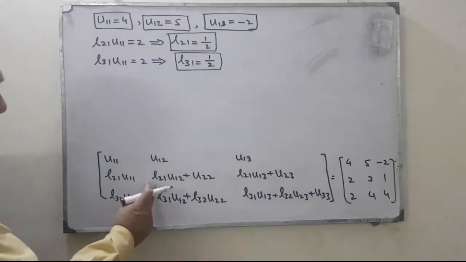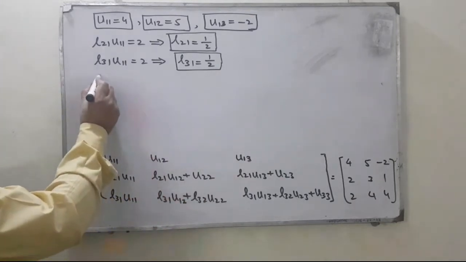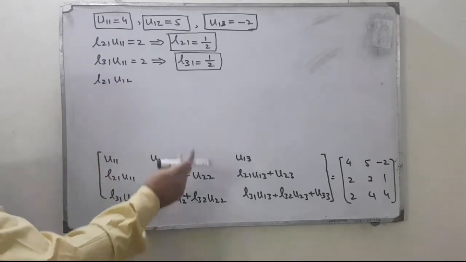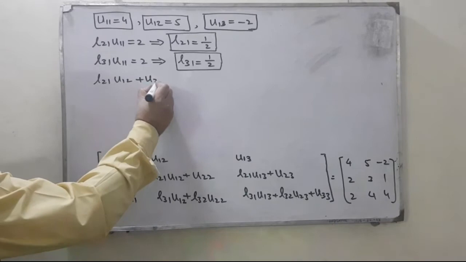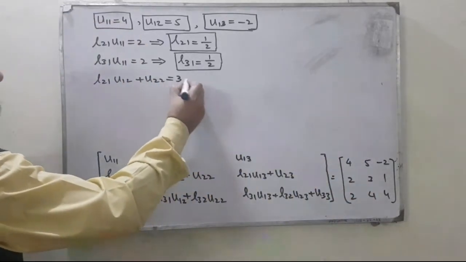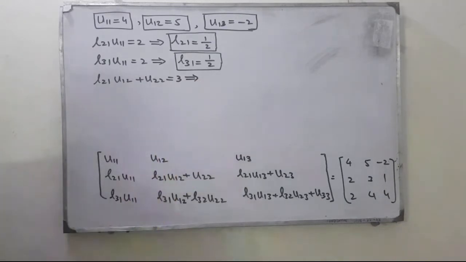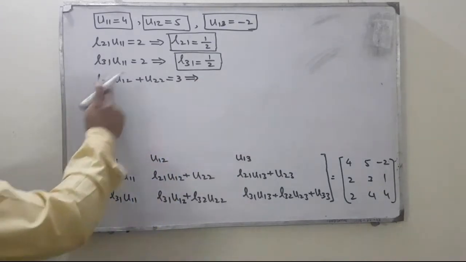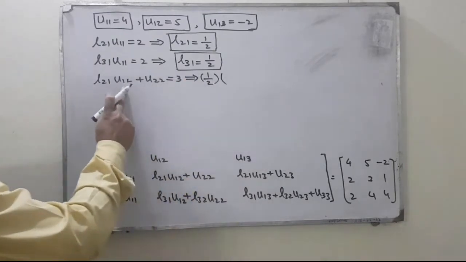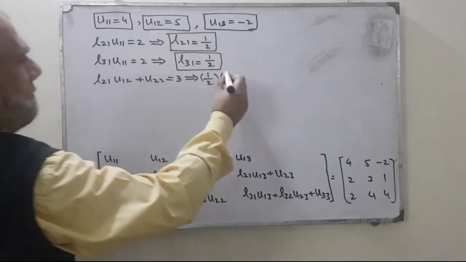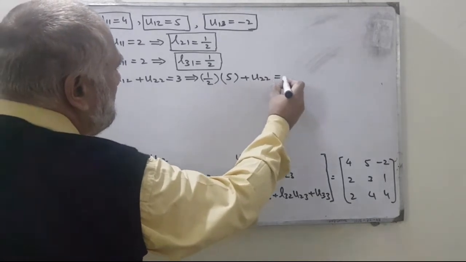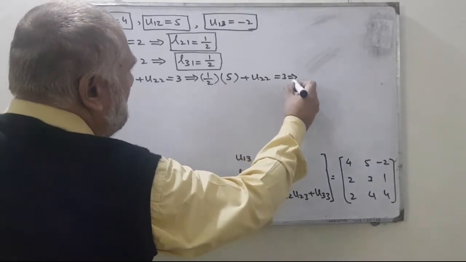Now we go to the next entry, this one: L21 U12 plus U22, and this quantity equals 3. Here L21 is 1 by 2, U12 is 5, plus U22, which equals 3.